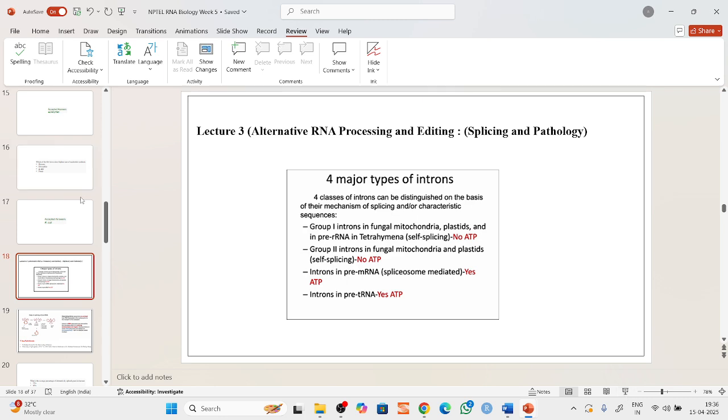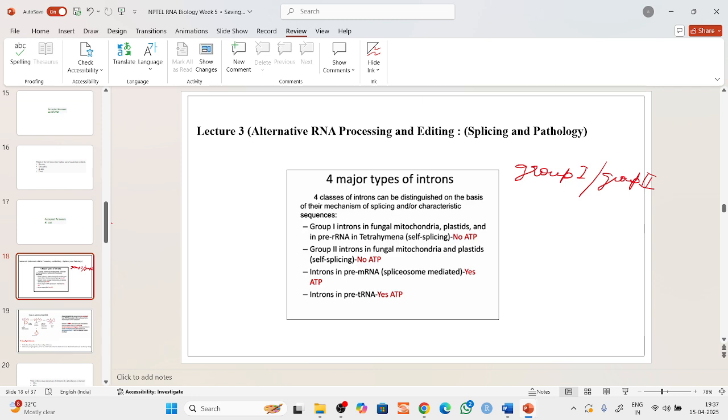First is group 1 introns, then group 2 introns. Group 1 introns are self-splicing introns, and group 2 introns are also self-splicing introns. So both group 1 and group 2 are the self-splicing introns.